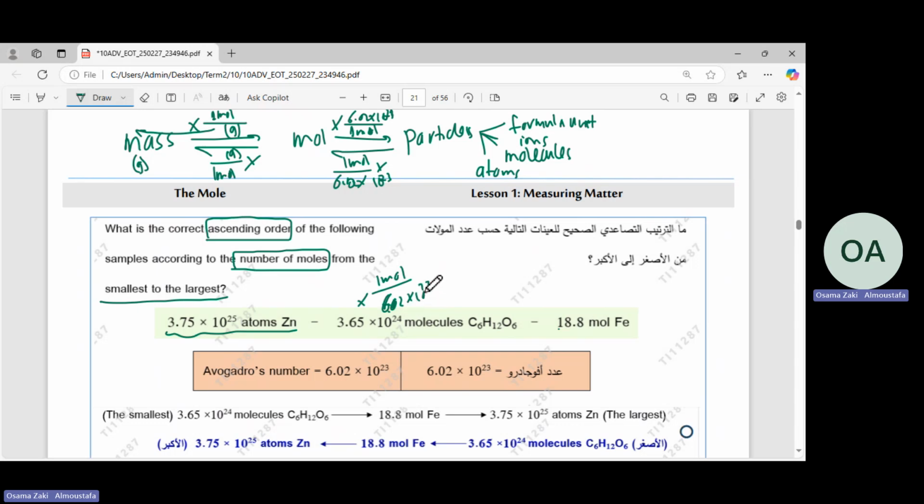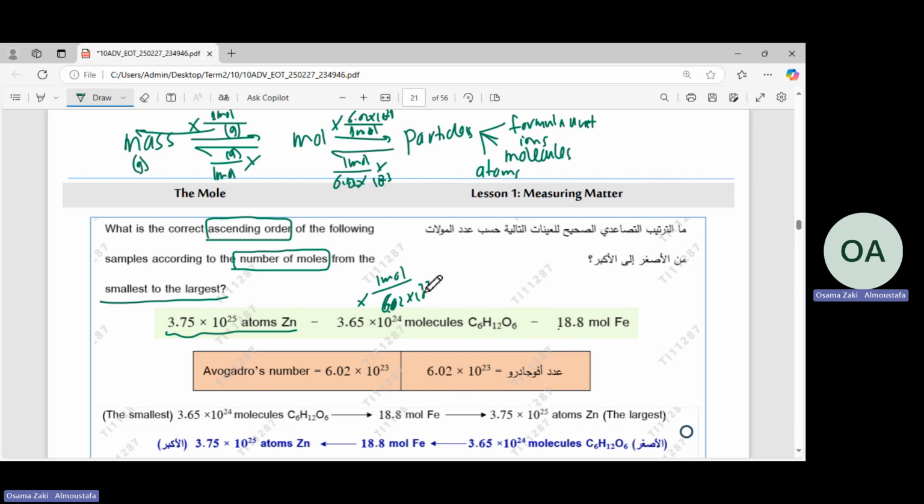Okay, I will try to find the answer. So what do we have on the calculator? We have 3.65 times the fraction 1 over 6.02 times 10 to the power 23.